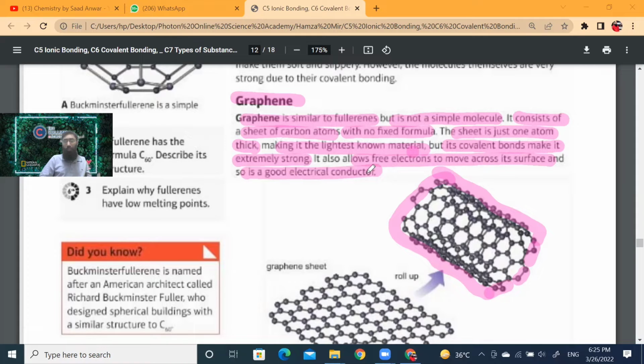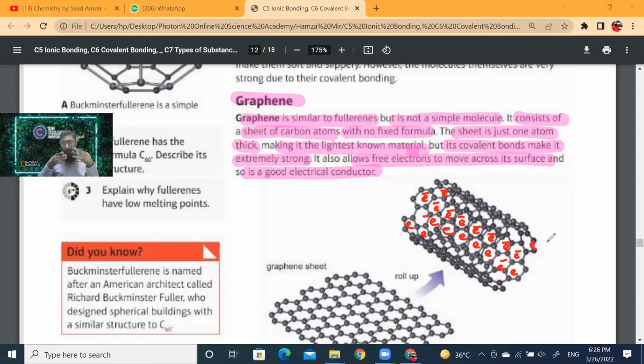Graphene has a lot of free electrons to move across its surface, which we draw to make the concept crystal clear. Due to these free electrons, graphene is a good electrical conductor.